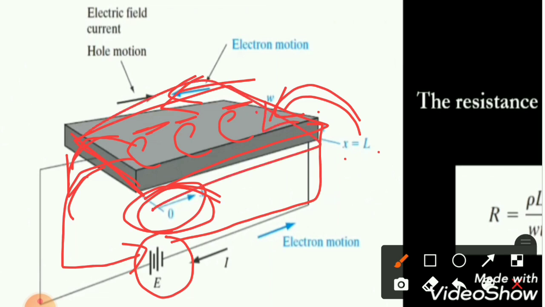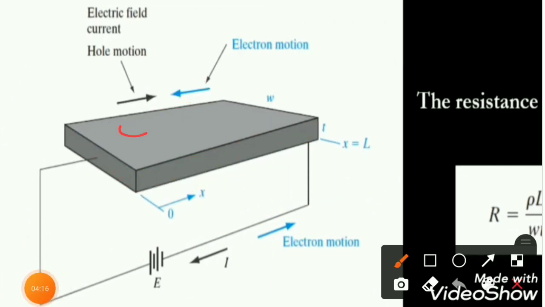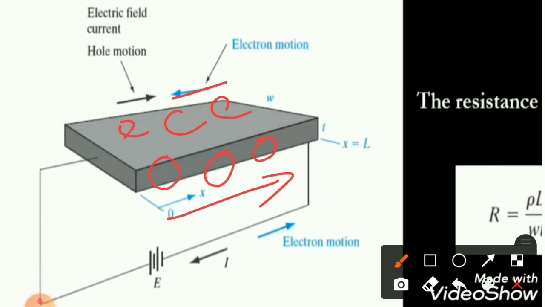Similarly, the hole will move in exactly the opposite direction. So hole movement will be in this way. If this is the electron movement, the hole will be exactly opposite to that of the electron.